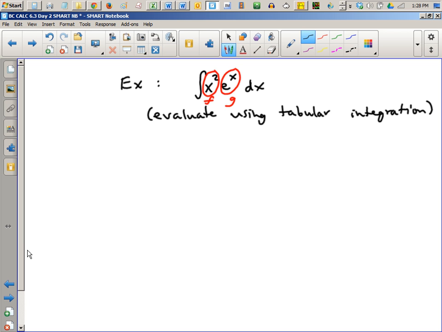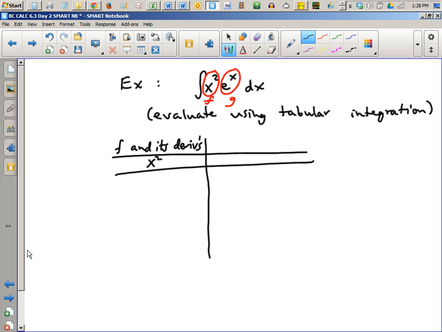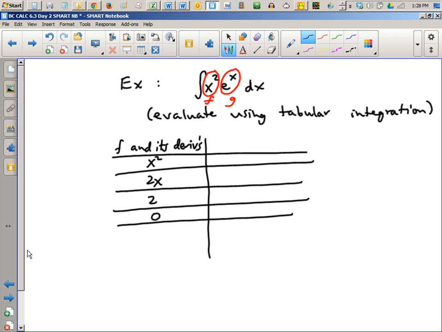And I'm going to make a table. This side of the table is called f and its derivatives. So what I'm talking about is x squared and 2x, which is the first derivative, and 2, which is the second derivative, and ultimately 0 if I take the derivative 3 times.